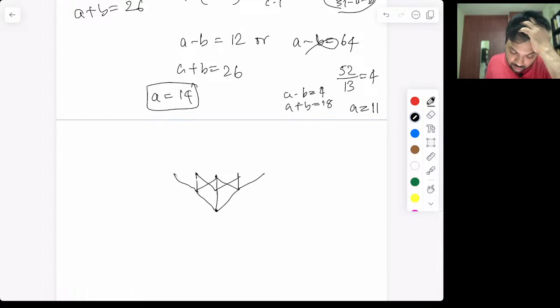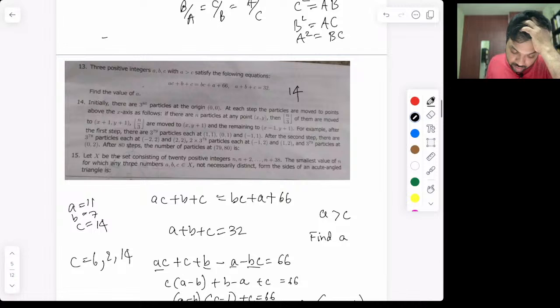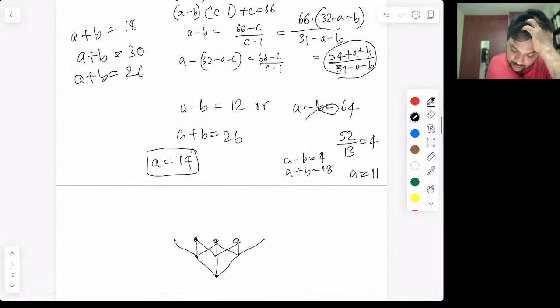Okay, so this starts getting counted twice essentially. Correct. So I think that's what they're saying, right? For each step, the 3 power 78 particles here.